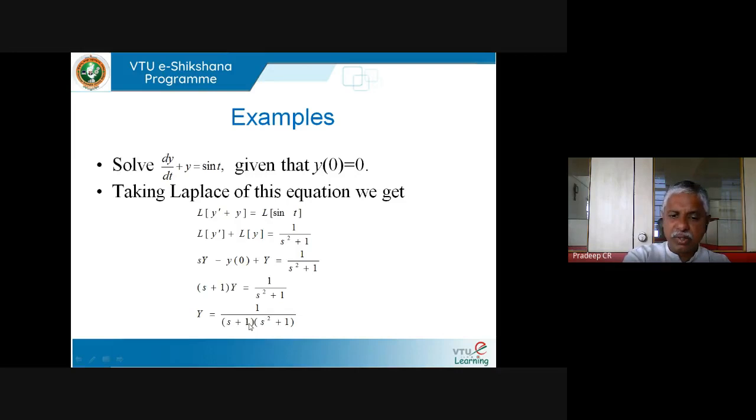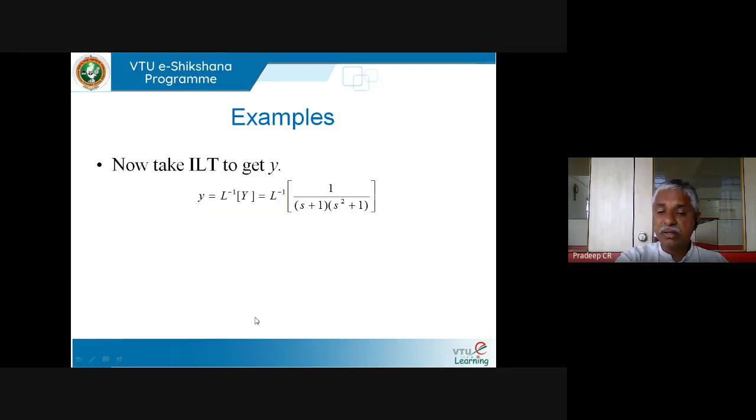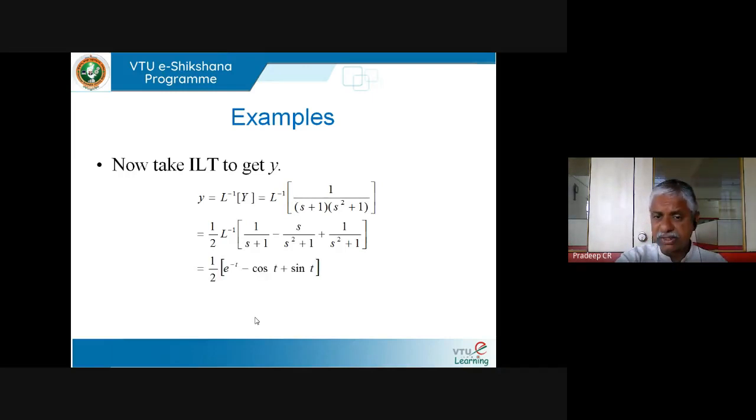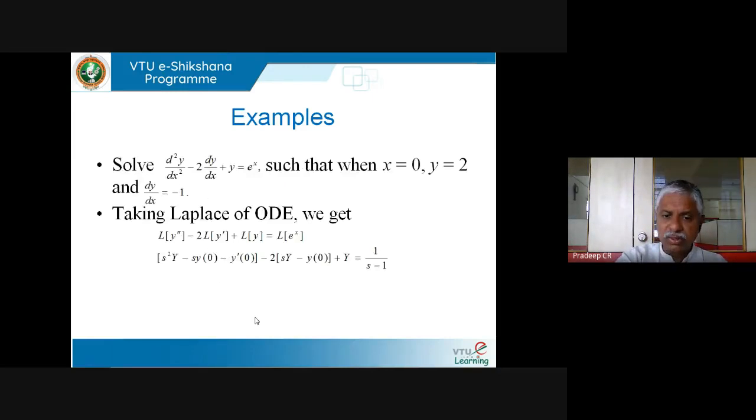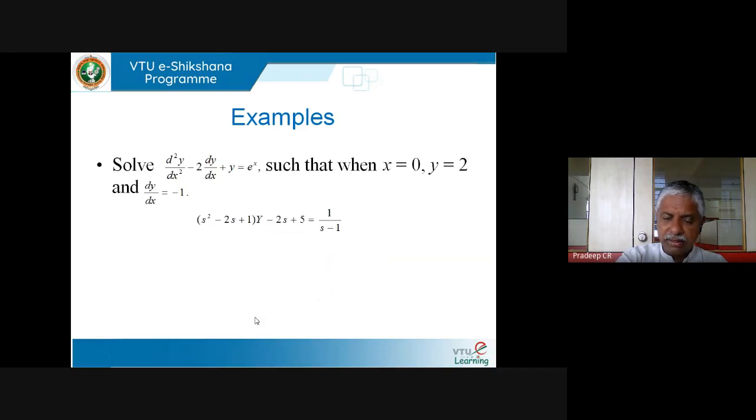I did not try to multiply s into s square is s cube, s into s and 1 into s square, etc. I'm not trying to find capital Y. I'm trying to write capital Y in such a way that it's easy for me to take the inverse Laplace. So for that, you saw the quick way is to use partial fractions. Here also I want to do the same thing.